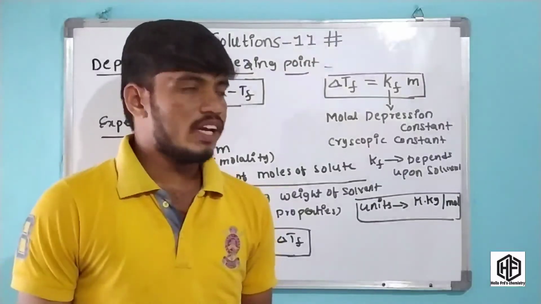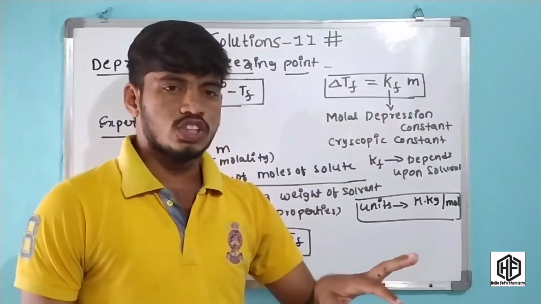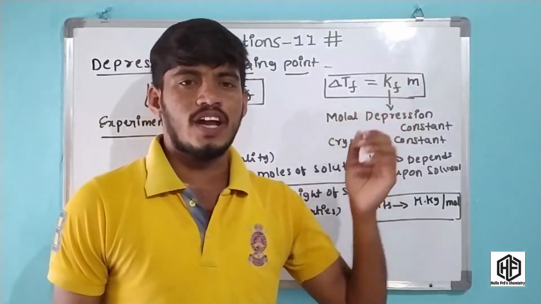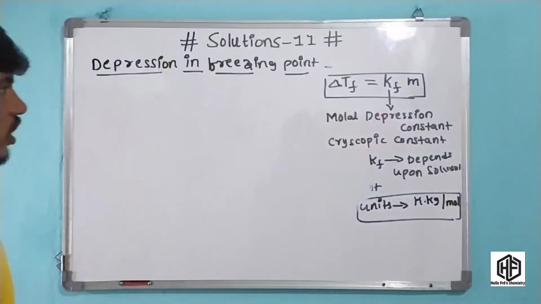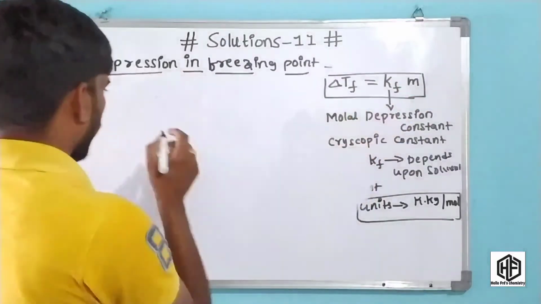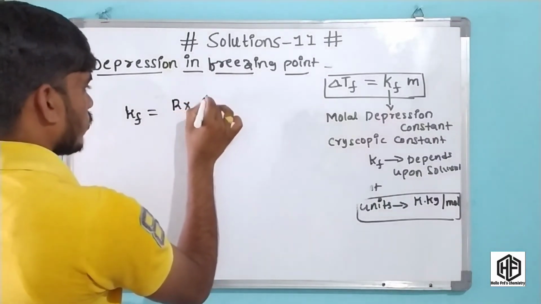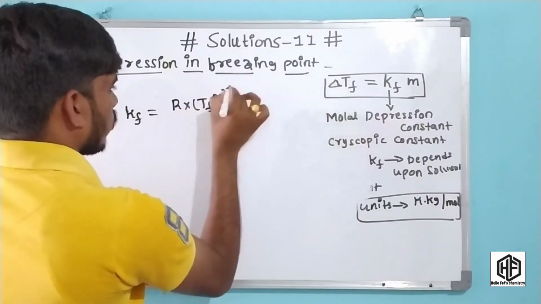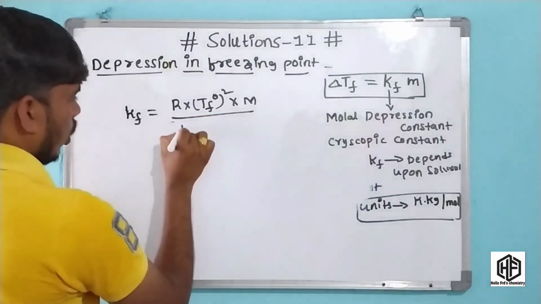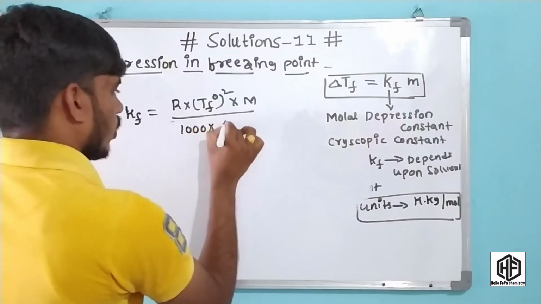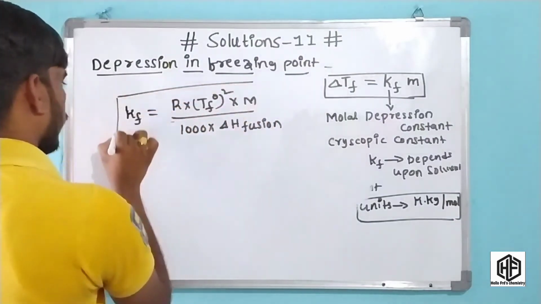In many competitive exams, the Kf value is not given in the question. Now how to find this Kf value? One more important formula: Kf, the molar depression constant, is equal to R into Tf0 whole square into M by 1000 into ΔH fusion.